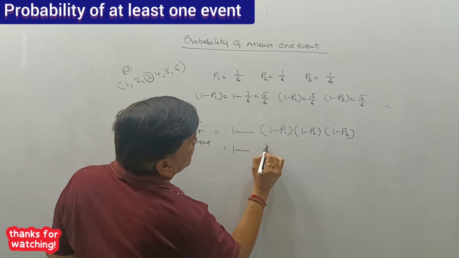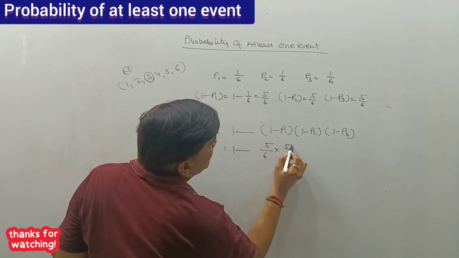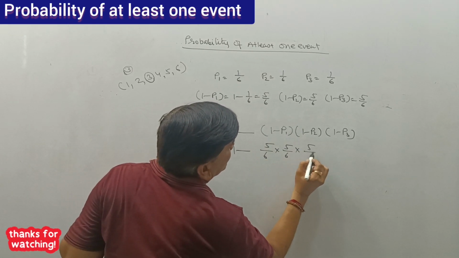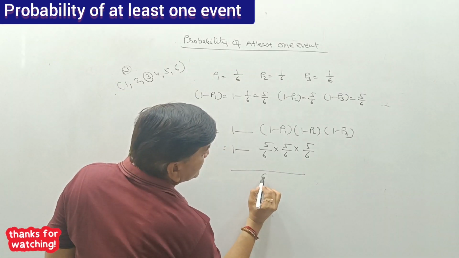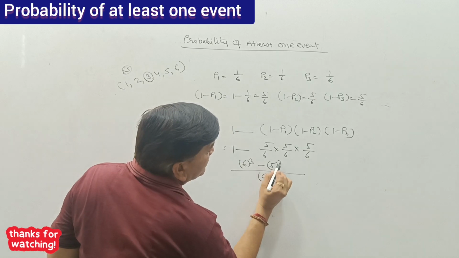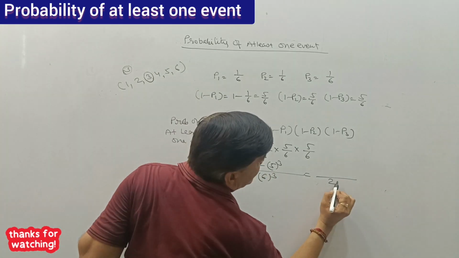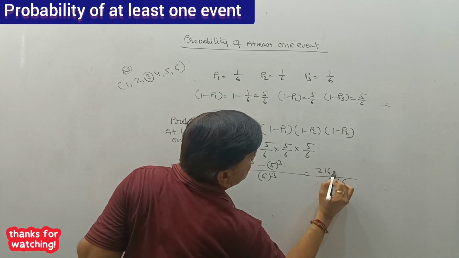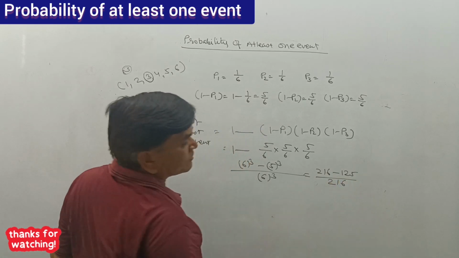So that is 5 by 6 multiplied by 5 by 6 multiplied by 5 by 6. So 6 raised to power 3 minus 5 raised to power 3. So 216 minus 125.